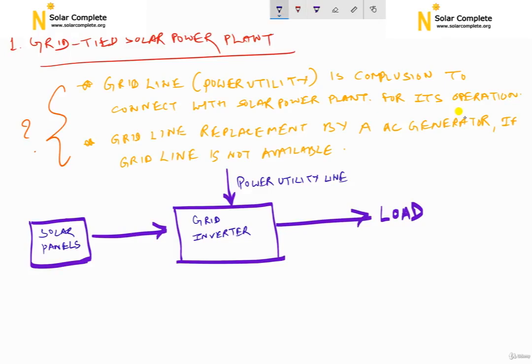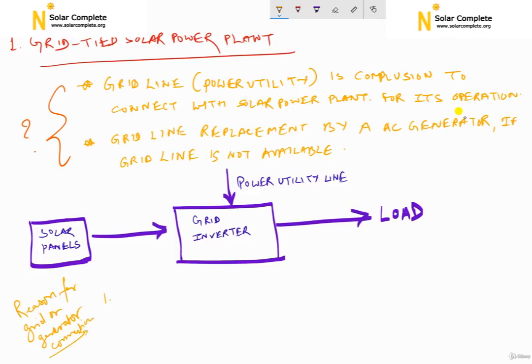What does this mean? During the rainy seasons, when solar power is not enough to fulfill the load demand, then the balance of the power will be fulfilled by the power utility line. For example, let's suppose a 10 kilowatt grid tied solar power plant is installed on the roof of a house, and 10 kilowatt is the load requirement.